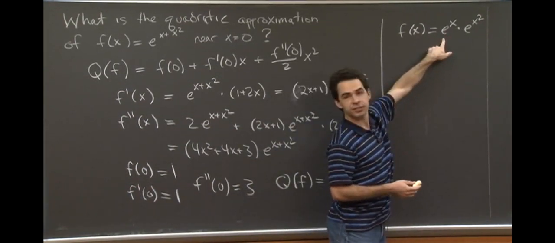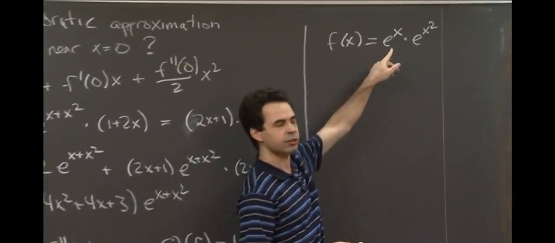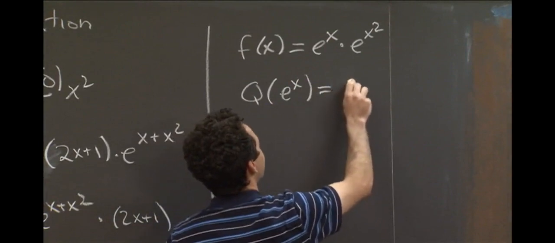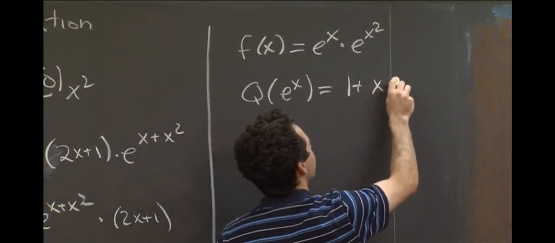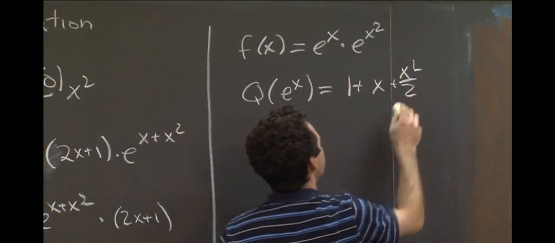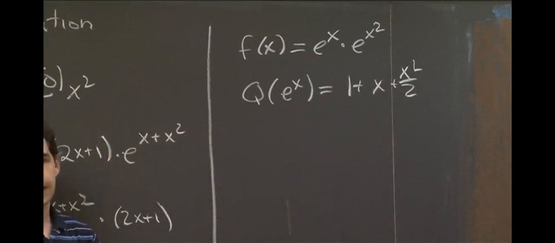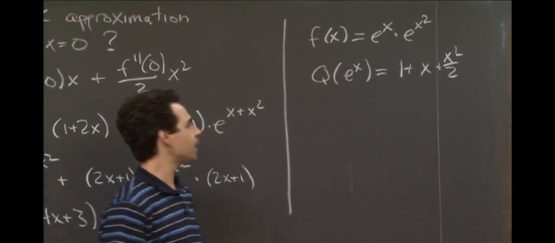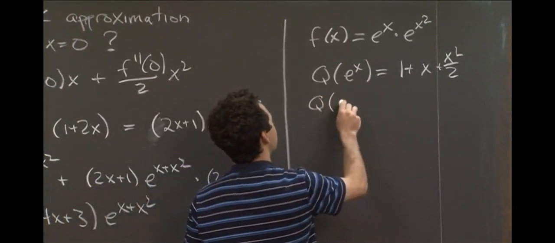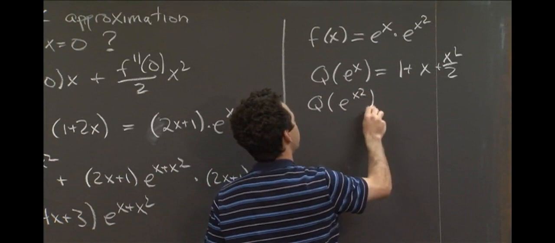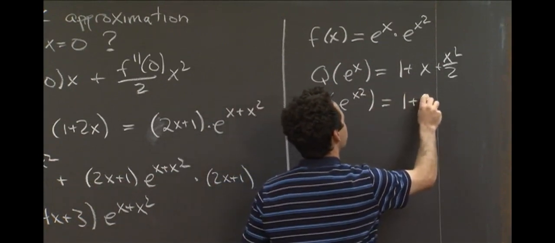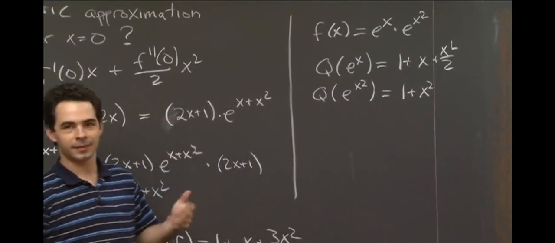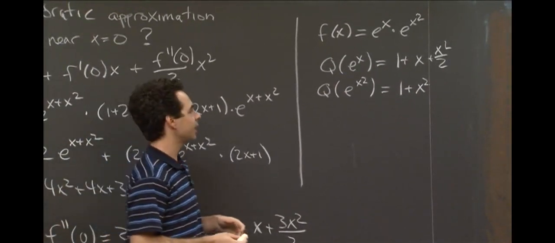We saw in lecture that the quadratic approximation of e to the x is 1 plus x plus x squared over 2. And the quadratic approximation for e to the x squared is equal to 1 plus x squared. If you don't believe me, by all means, work that out for yourself to check it. There are a bunch of different ways you could work it out.